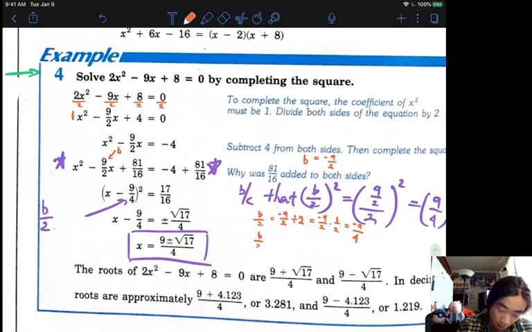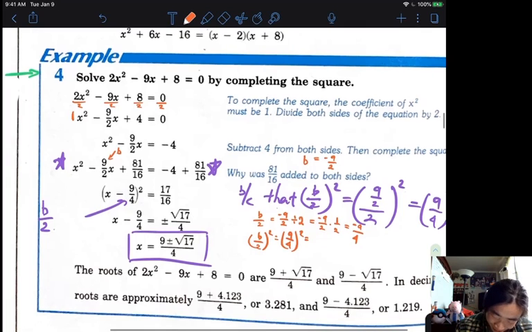So then 9/4, I mean, 9/4 squared gets you that 81/16. Oh wait, sorry, I'm thinking about totally different problems. 81/16. Jeez. Okay, that's where it came from. Why was 81/16 added to both sides? That's what was needed to complete the square.